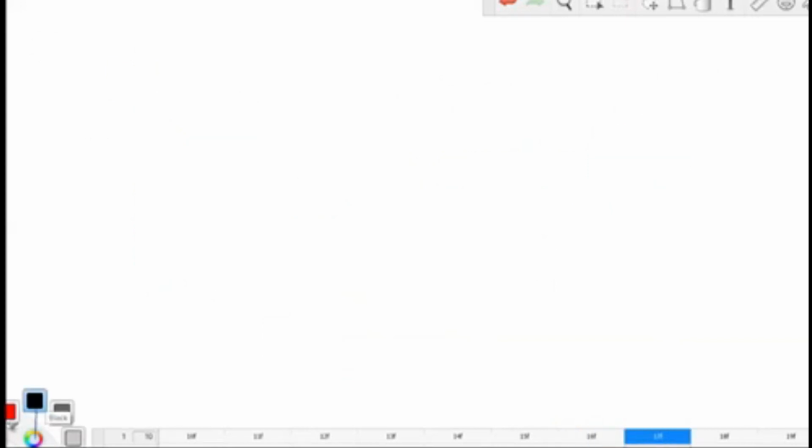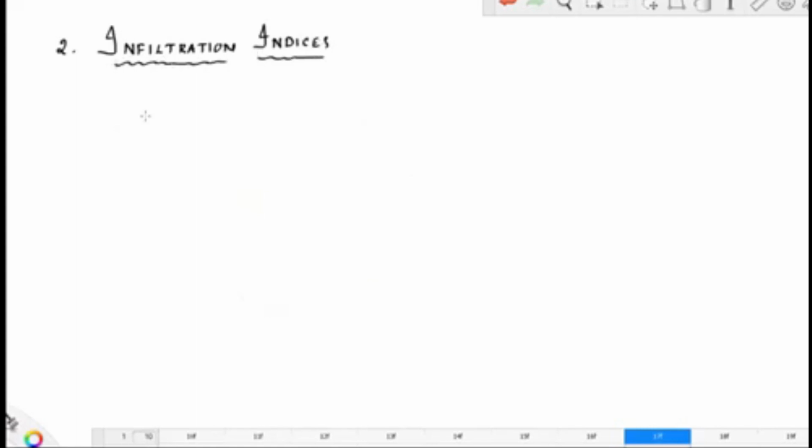Next important thing in this chapter is infiltration indices. In that, the first one is your phi index. This is the only important thing for you. So phi index is equal to (PE minus R) divided by TE.